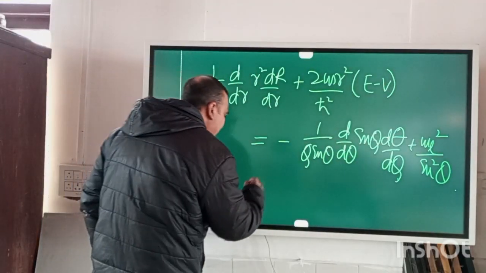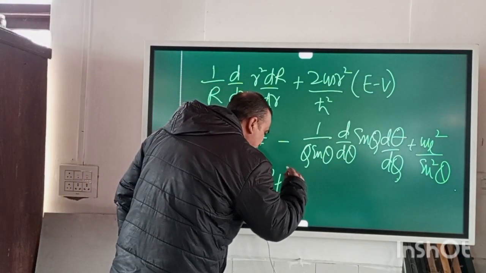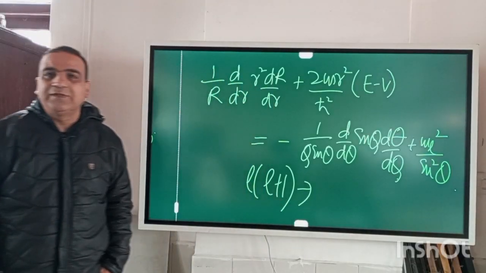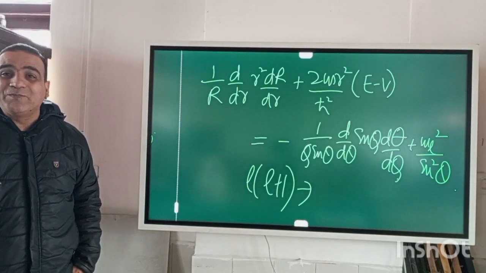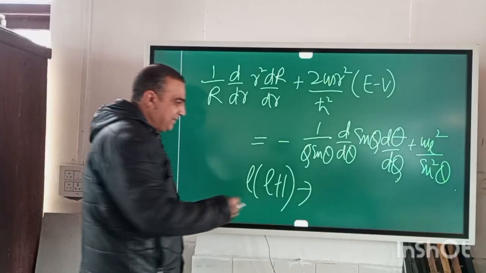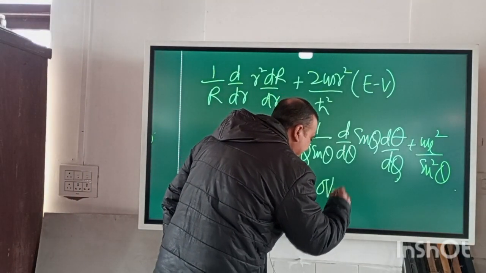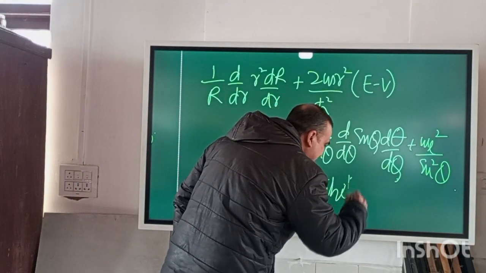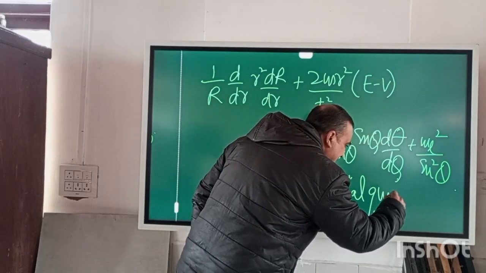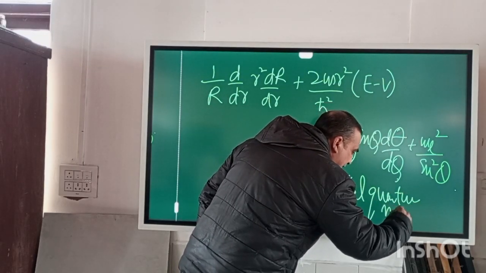What is that constant? That constant is L times L plus 1. L is what? It is the orbital quantum number, as it is called later on.